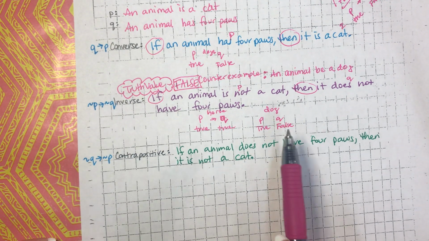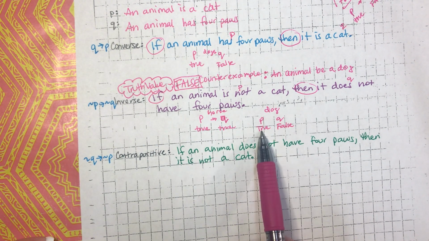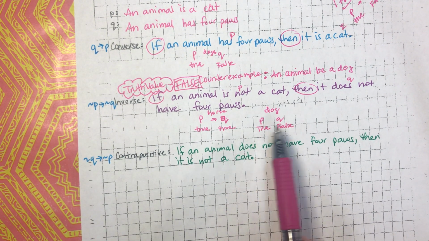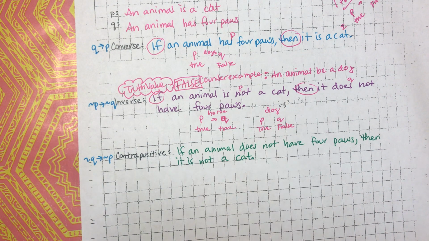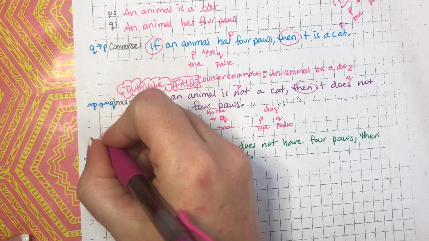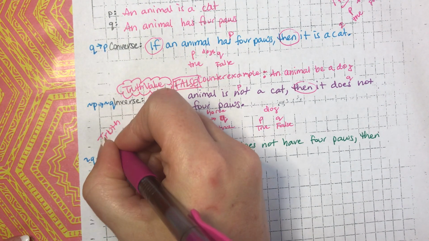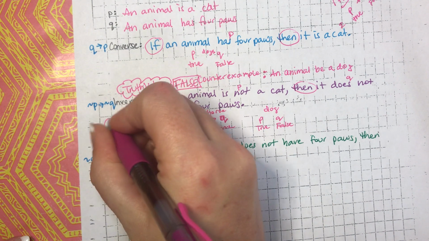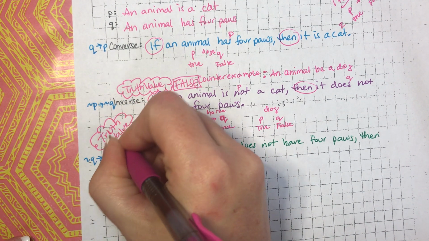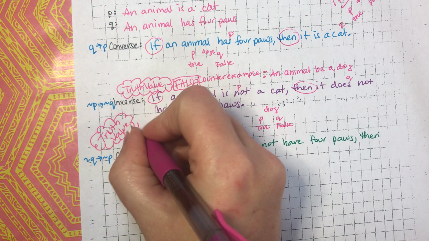So that means that this would be false. And this would mean that the truth value would be false, because the only time it's false is when the hypothesis is true and the conclusion is false. So we can say that the truth value is false.